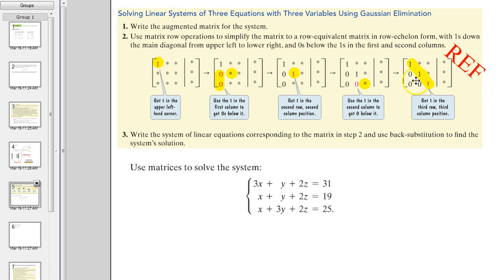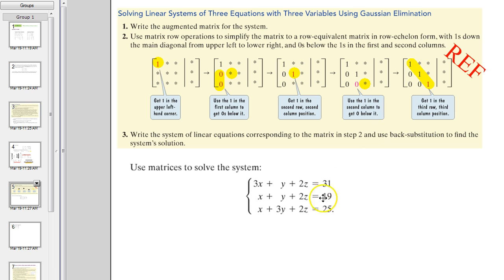Row echelon form, 1s on the main diagonal, zeros below it. The lower triangle is 1s and zeros. The upper triangle has the numbers in this coefficient side of the matrix. So that's our goal. And if you notice down here, it's 0 x's, 0 y's, 1 z equals a number. So we solve for z by creating this type of matrix.